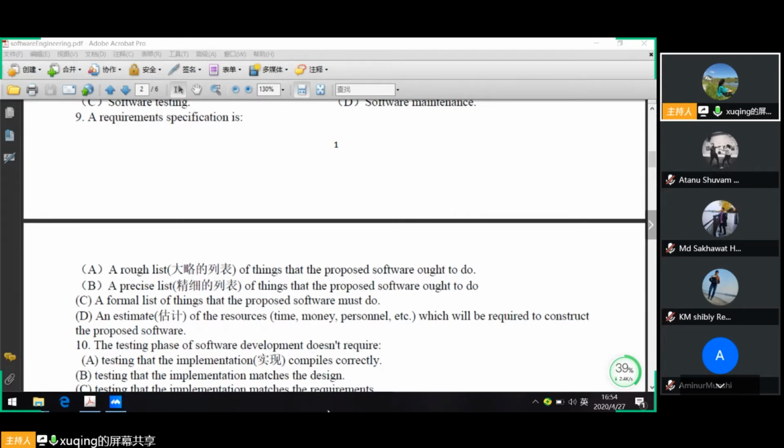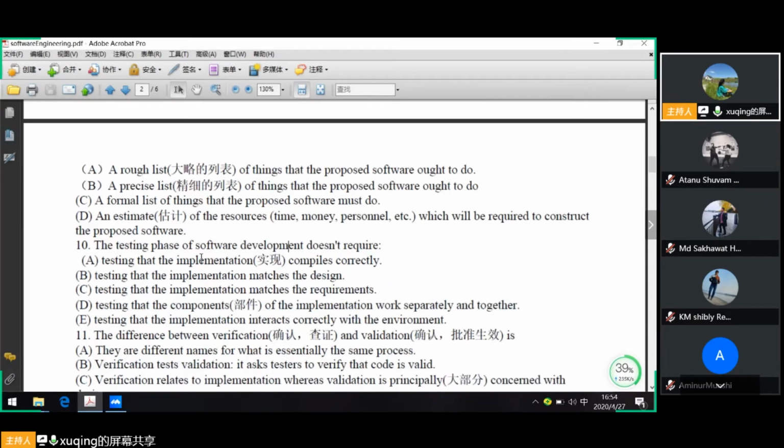And for the 10th one, the testing phase of software development doesn't require, you see, it doesn't. Testing that the implementation compiles correctly, testing that the implementation matches the design, testing that the implementation matches the requirements, testing that the components of the implementation work separately and together, testing that the implementation interacts correctly with the environment.